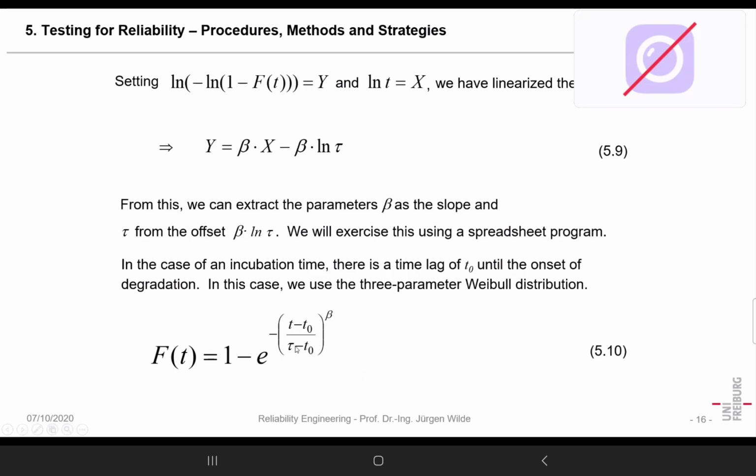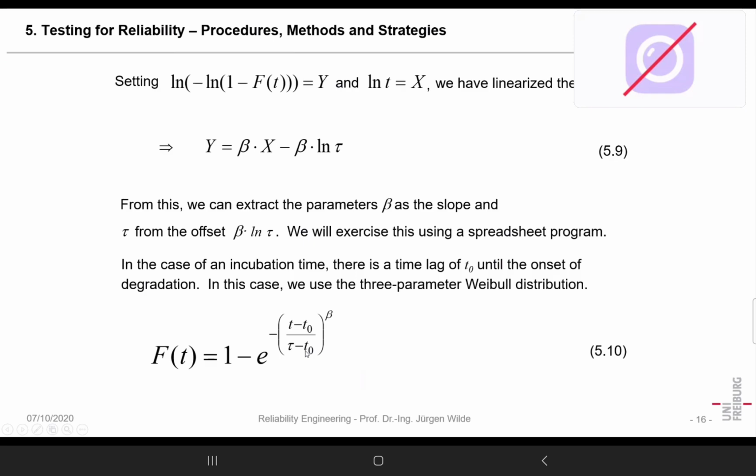And because now, of course, it's more complicated. You cannot get that directly from a regression, because it's not easy to make a linearization of that curve here. Also, you should not forget, sometimes that curve is given in a way t divided by t0 just divided by tau.